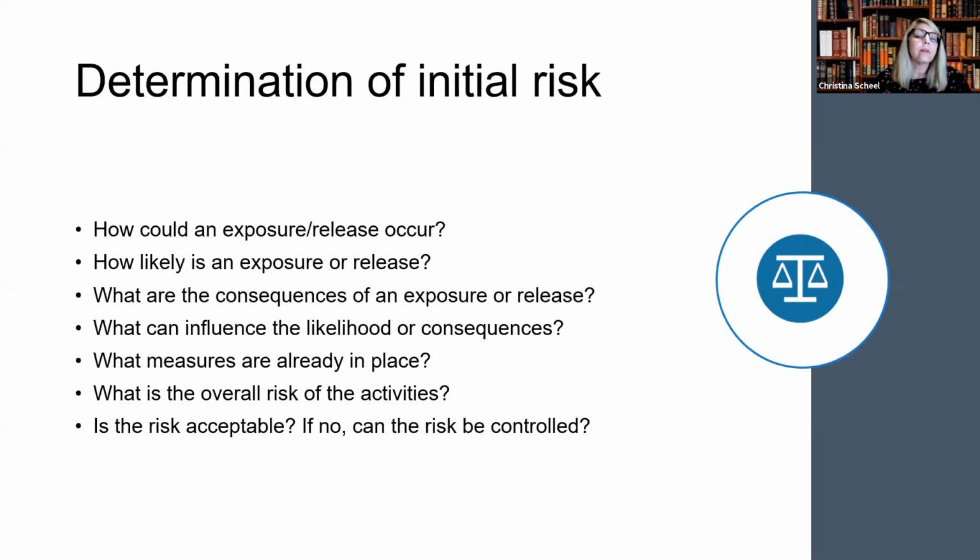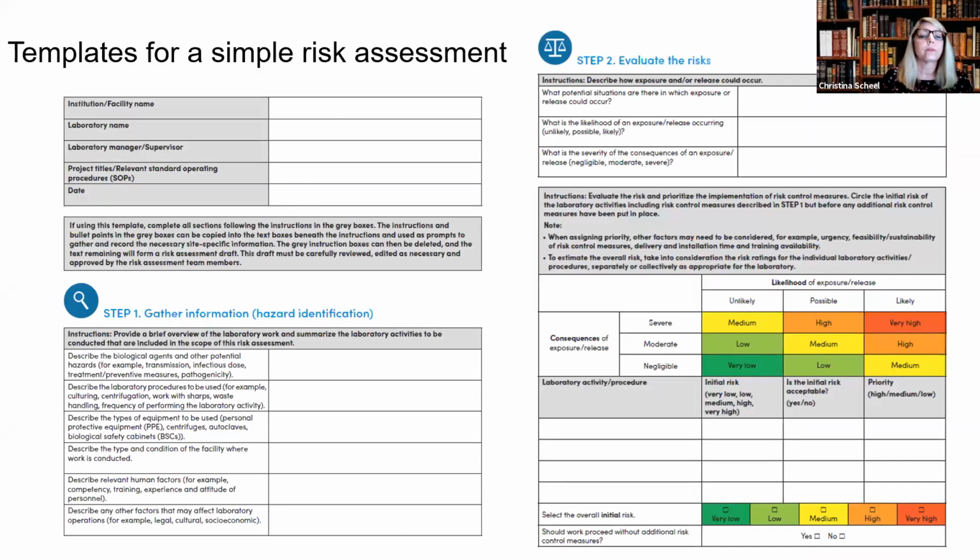In other words, the benefits outweigh the risk, I have that backwards, of completing the project, let's say. The benefits of the work you're doing are so important that you'll take a risk, whatever that risk is, whether it's high, medium, or low, you think it's that important. So that's the acceptability of that risk. And so if no, can that risk be controlled?